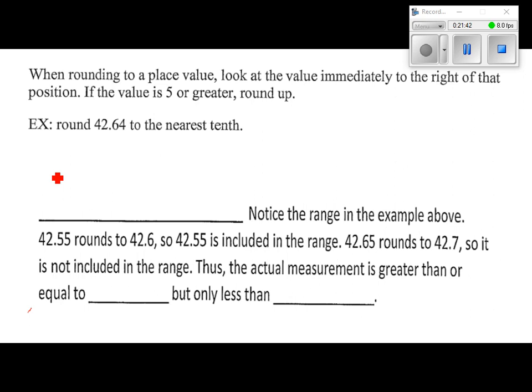What that's called, when you keep it the same, is truncating. Sorry, this is not working out well. Use a marker. Truncating. When you're just cutting something off, that's called truncating.